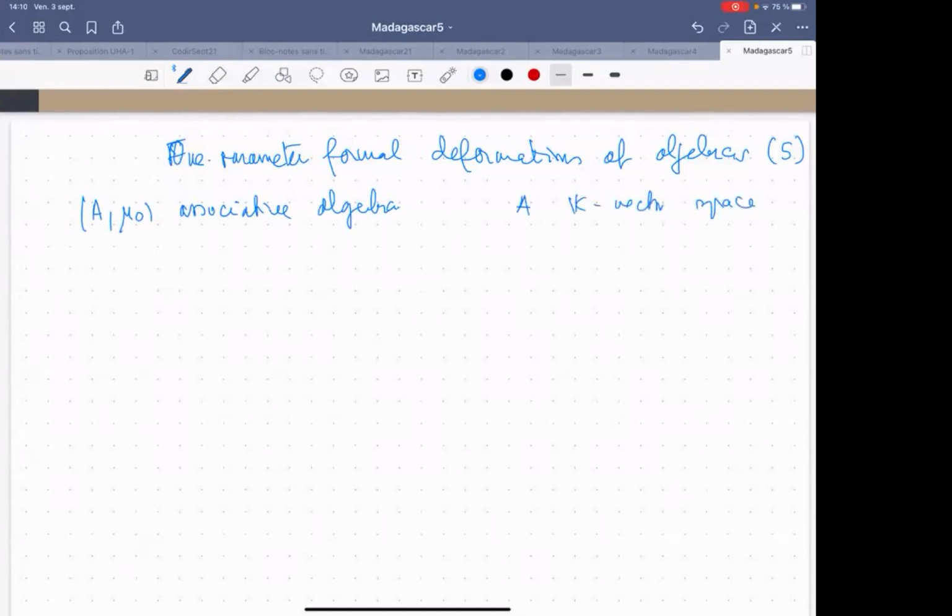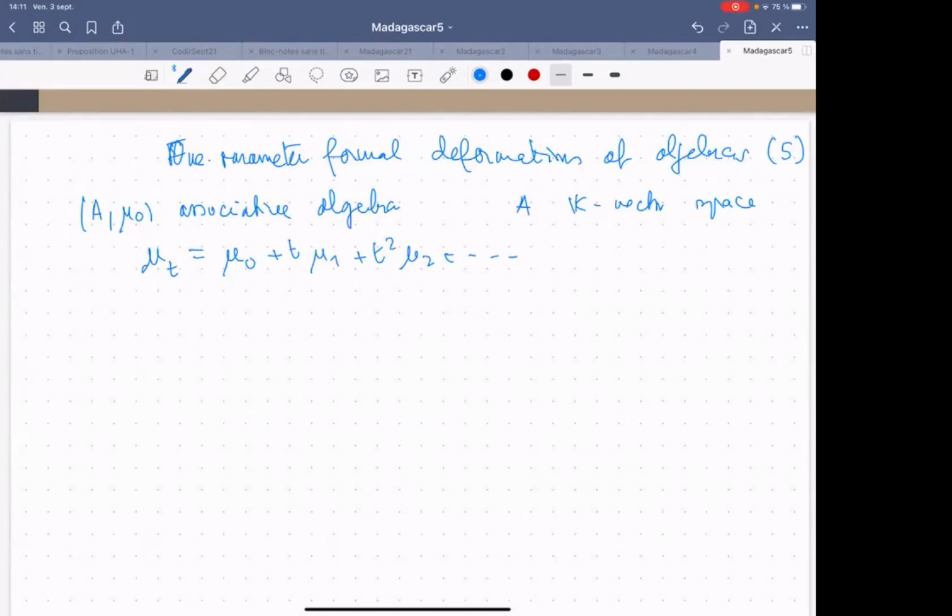And we extended this base field to formal power series and A to formal space, and constructed a family of deformations, which we denoted by mu t equals mu0 plus t mu1 plus t square mu2, etc. And one of the main results was to see that this mu1 should be a 2 cocycle.